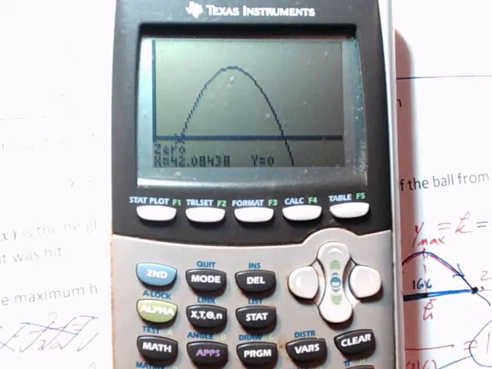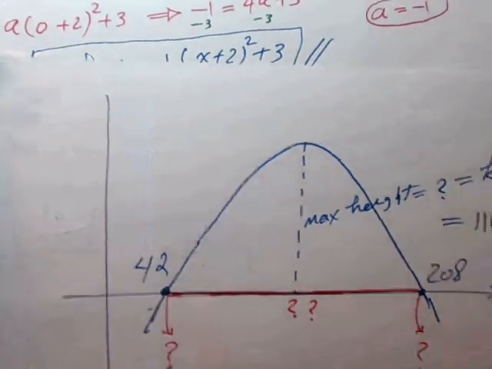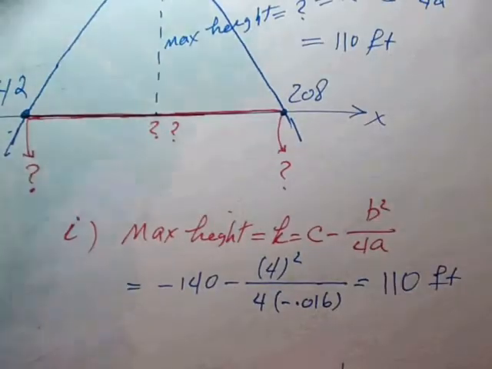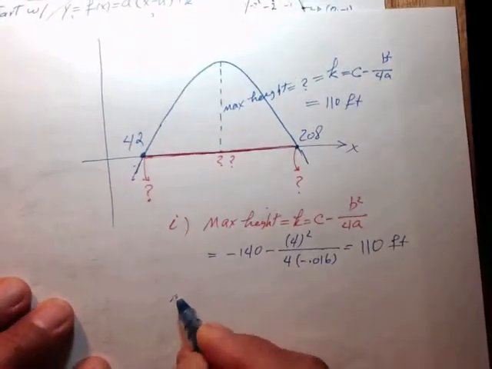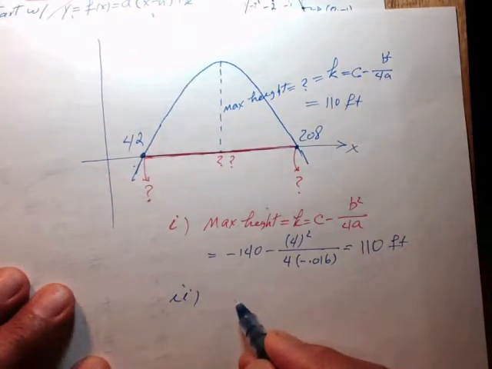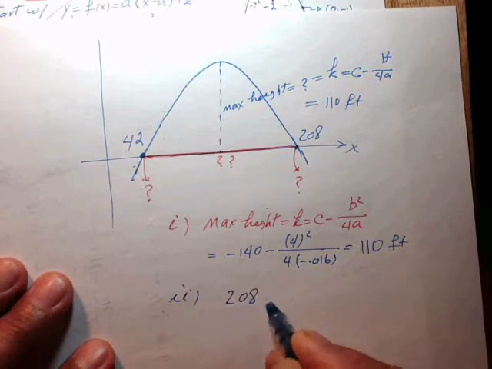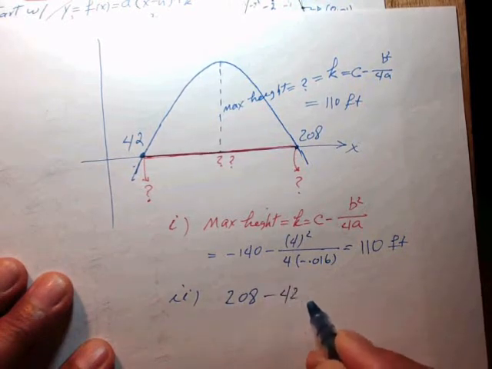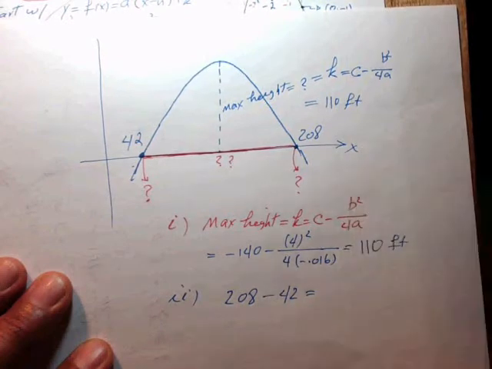I get about 42. So this point is about 42. So part 2 is 208 minus 42. How much is that? It's 166.